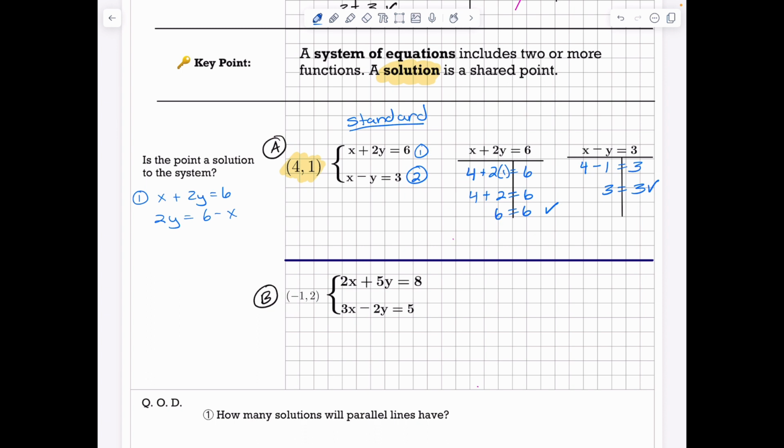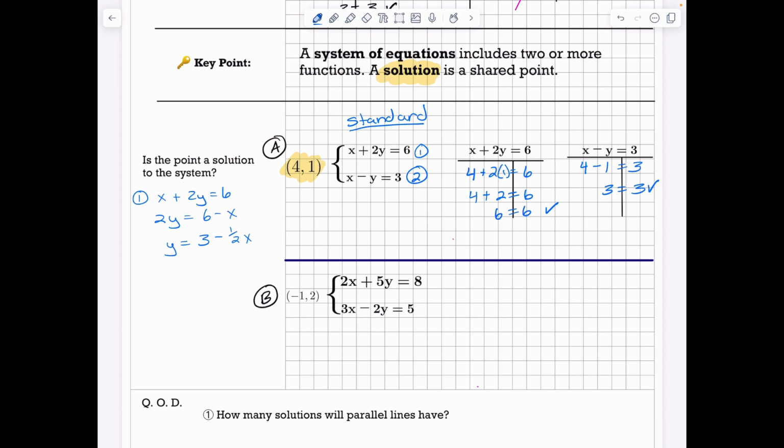Then divide both sides by 2. Divide everything by 2. When I divide this x by 2, that would be x over 2, or you can write it as 1/2 x. I think Desmos is going to like that better.